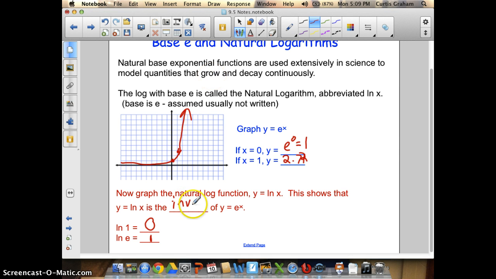Sorry, that should be inverse. So I'm going to treat these as my x-coordinates and these as my y-coordinates, and start graphing them: (1, 0) and (2.72, 1). So here's my graph right there. Just like my exponential graph never touches the x-axis, my logarithmic graph never touches the y-axis. So, continuing to move on.